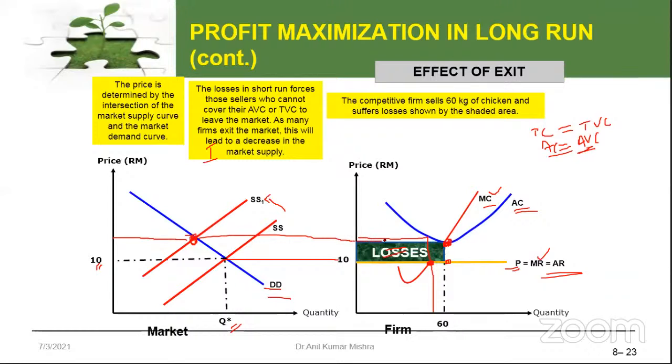And that particular price line is tangent to the minimum point of your average cost curve. So that's the situation. If loss occurs to the producer, then some of the existing producers may quit. When they quit, the supply curve shifts toward left, a new point of equilibrium takes place, and a new price is determined.